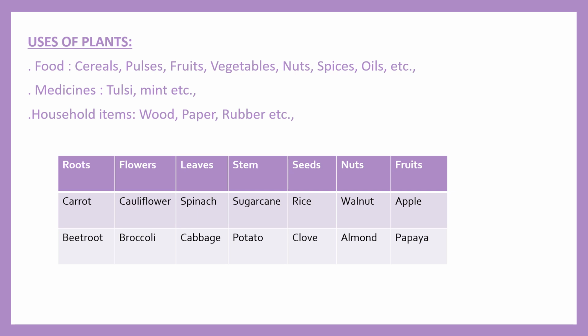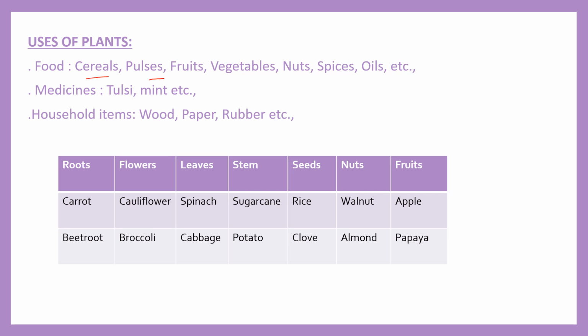Next, uses of plants. Oh, you all know about the uses of plants, right? We use plants for food, like cereals, pulses, fruits, vegetables, nuts, spices, oils, etc. You all know that, right?